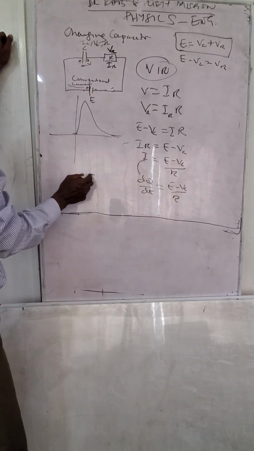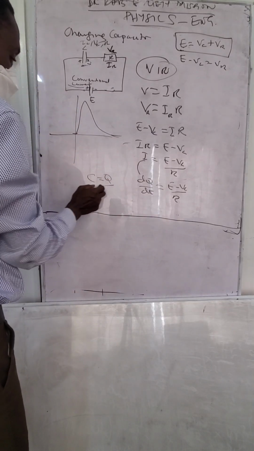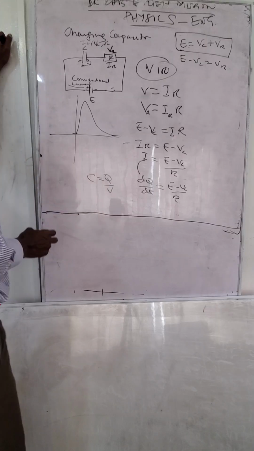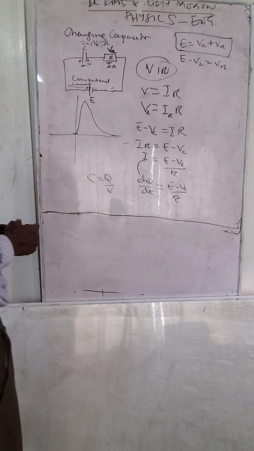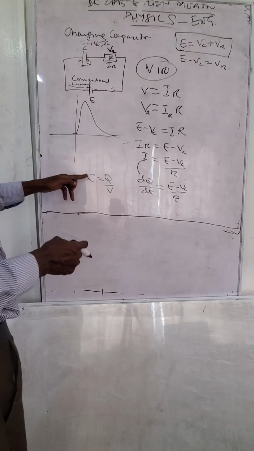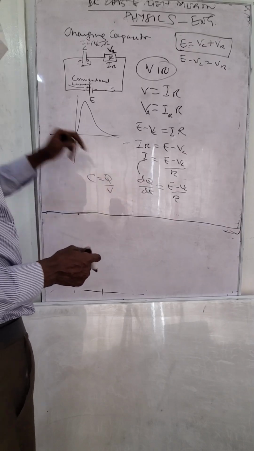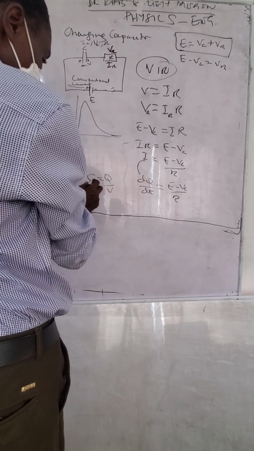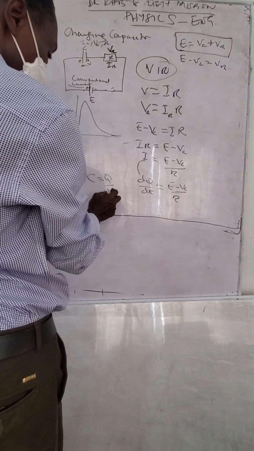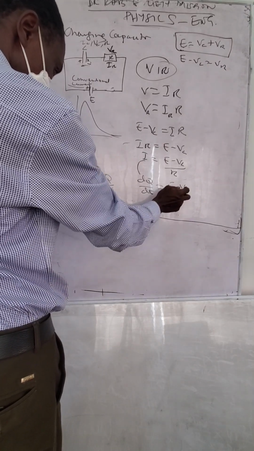Now let's bring the capacitance into the equation so that we have an expression taking care of capacitance and then time. Now if we do that, we can substitute VC. This is VC.